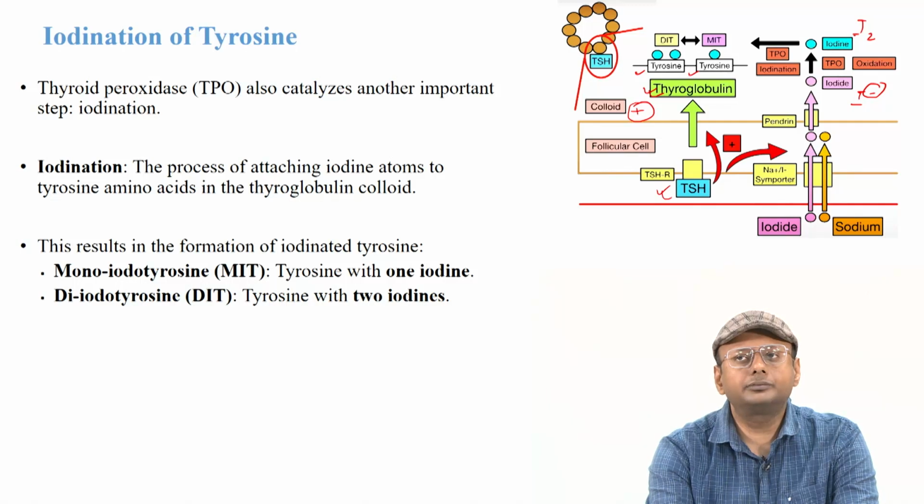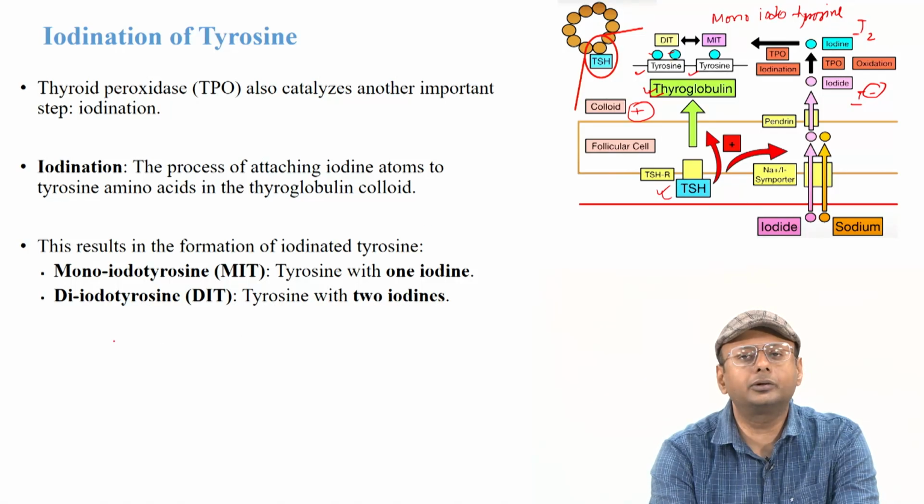Once the iodine forms, on the thyroglobulin protein there are a lot of tyrosine amino acid residues, and these iodine molecules eventually bind to the tyrosine, either one iodine, which is called monoiodotyrosine, or MIT, or two iodine molecules can bind to the tyrosine, which is called diiodotyrosine.